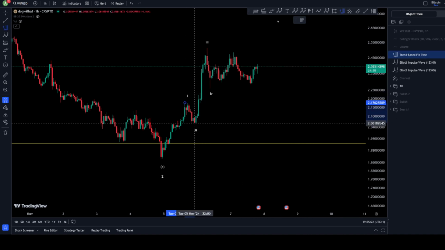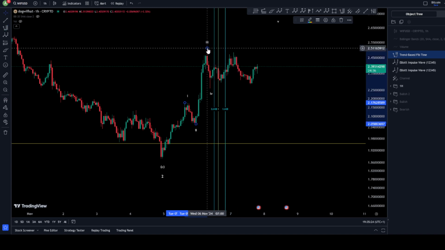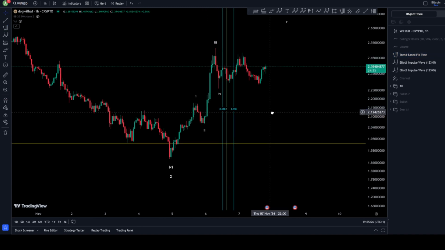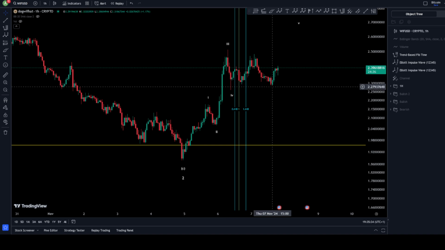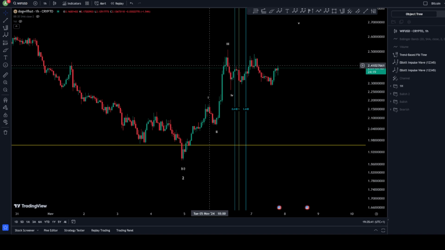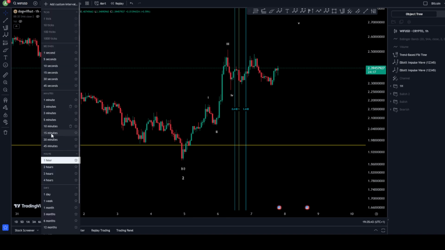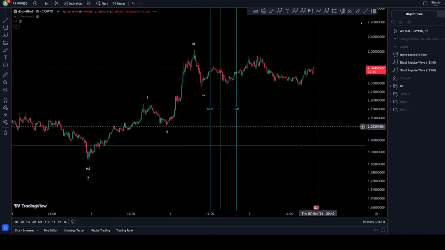Your wave 2 taken from here till here to the top. Yeah, we can finish here. It's not a problem. But the problem is that we took the low even lower. I would consider going to the 15-minute chart to get even closer.